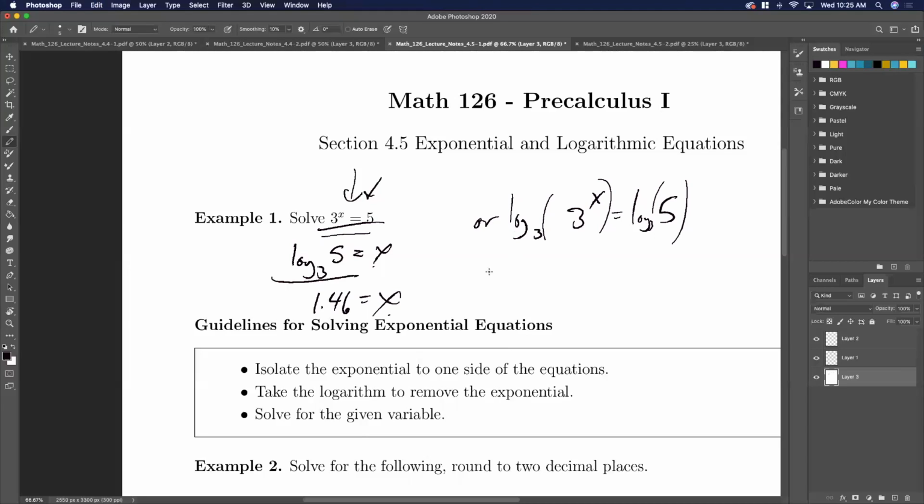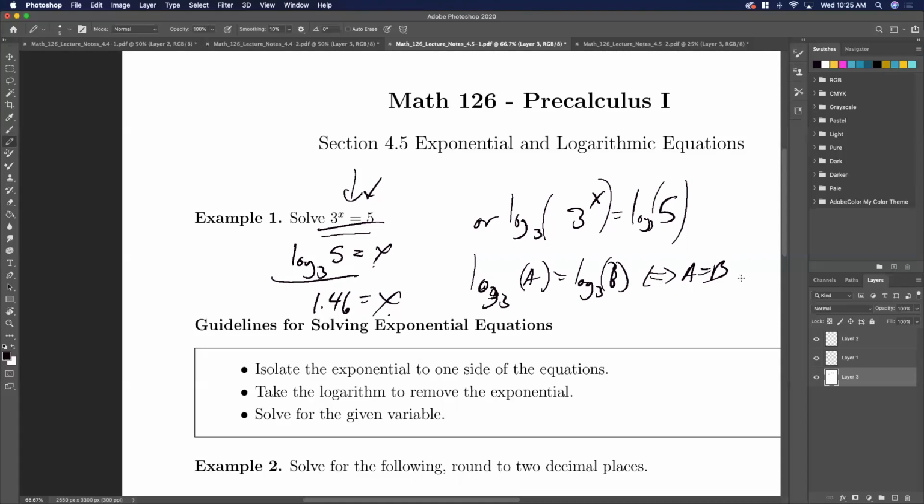It's something I can do because if I have log base 3 of a equals log base 3 of b, I can safely say that this implies that a equals b.